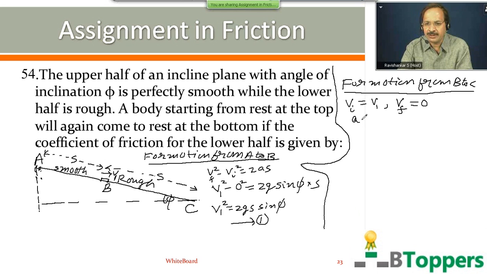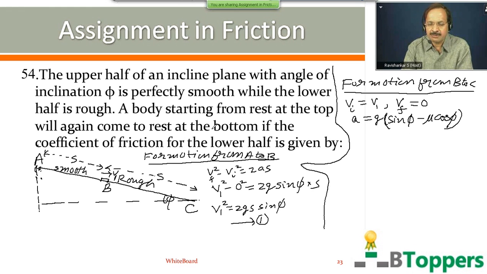So the magnitude of the acceleration when it slides down the rough inclined plane is given by g into sine theta minus nu k into cos theta. Here the angle of inclination of the inclined plane to the horizontal is denoted by phi. Nu is the coefficient of sliding friction between the block and the inclined plane. This is the formula for the magnitude of acceleration when it slides down the rough inclined plane.